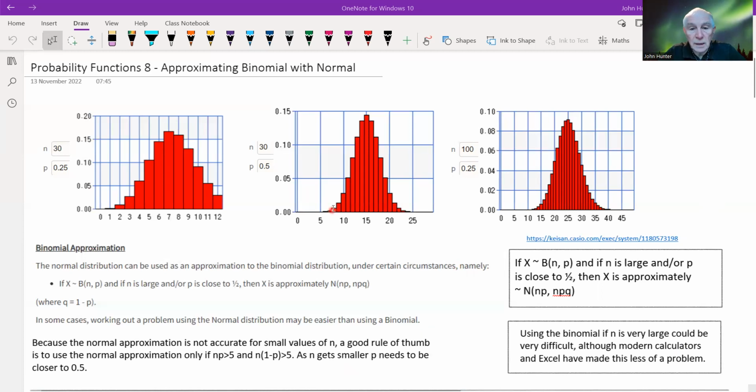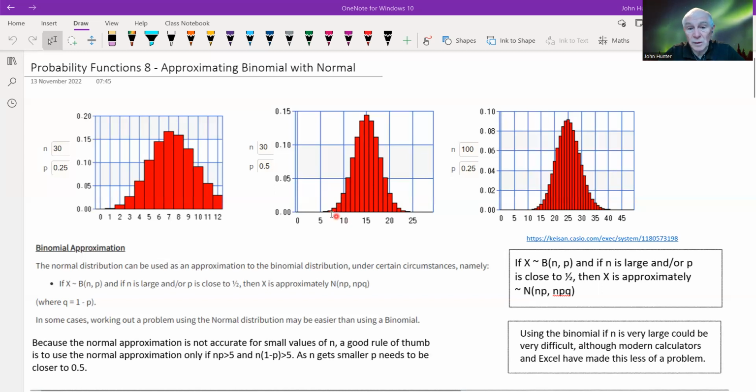Well, if we look at this distribution here, this is the binomial for a probability of 0.5 and a sample size of 30, and as you can see, it looks pretty symmetrical, doesn't it? So you can imagine that if we look at the percentages of all these areas underneath here, it pretty well is more or less the same as the normal distribution.